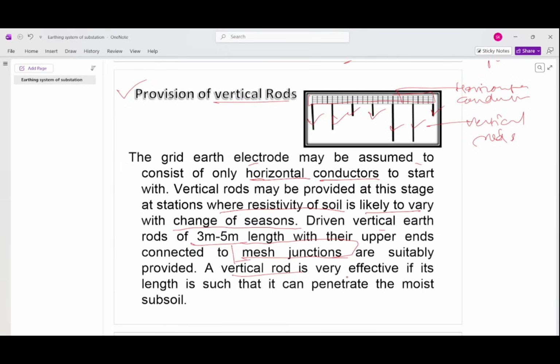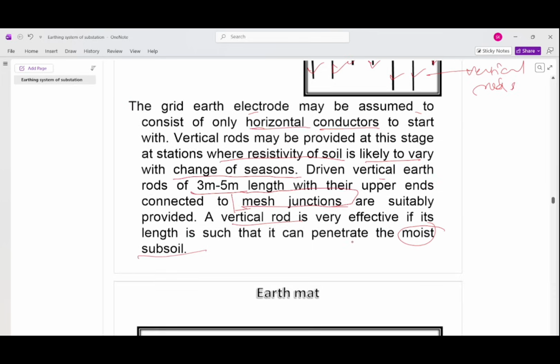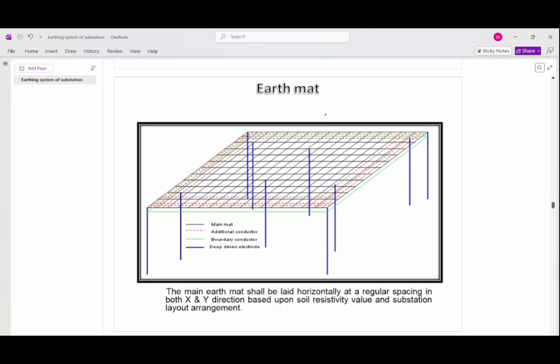A vertical rod is very effective if its length is such that it can penetrate to the moist subsoil. So deep well earthing is nowadays a new earthing system provided for high resistivity soils.